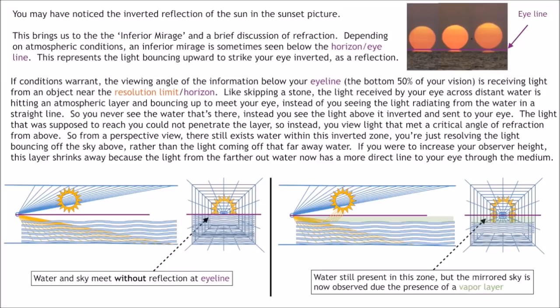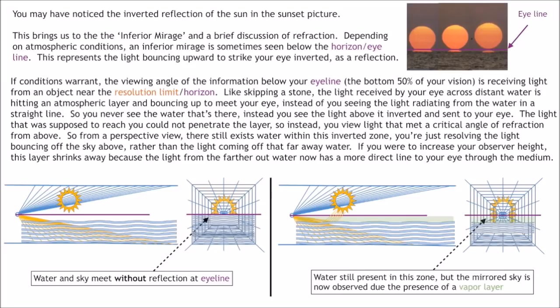So depending on atmospheric conditions, an inferior mirage is sometimes seen below the horizon or eye line. And this represents the light bouncing upward to strike your eye inverted as a reflection. So if conditions warrant, the viewing angle of the information below your eye line, or the bottom 50% of your vision, is receiving light from an object near the resolution limit or horizon.